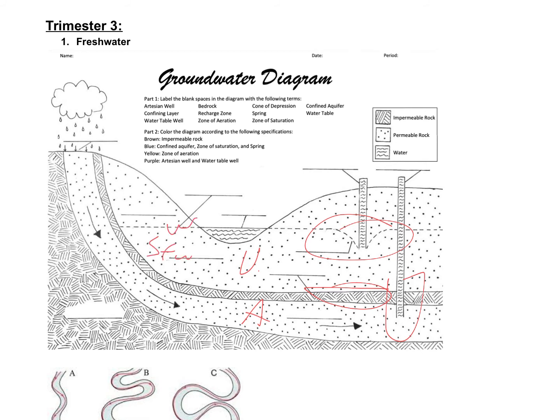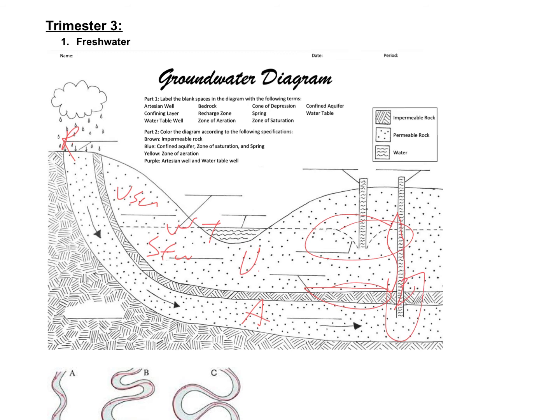This is your water table, and over here is the unsaturated zone. All good things for you to be able to identify. Over here is actually your recharge area, and that's why you're getting all that water creating the pressure that ultimately is going to bring the water up in here, and that's what you're seeing.